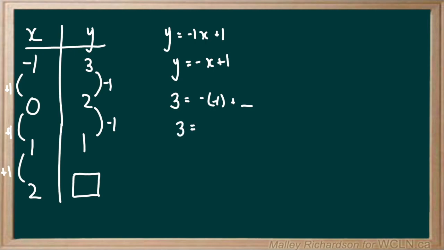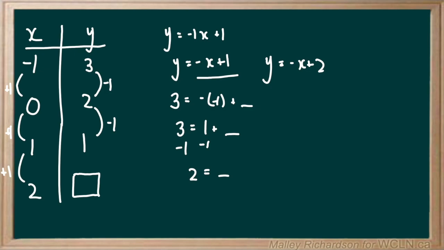So we're going to have 3 equals 1 plus some value. To get to this value, we'll subtract 1 from both sides, and we get that value equals 2. So instead of having y equals -x plus 1, we're going to make our formula y equals -x plus 2.